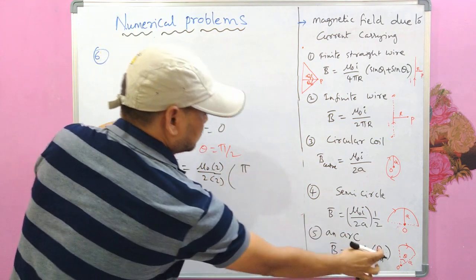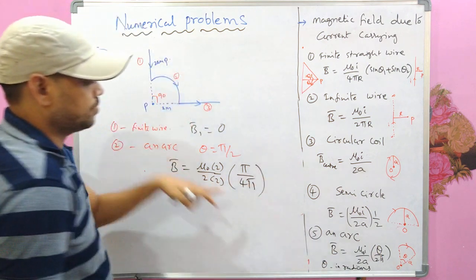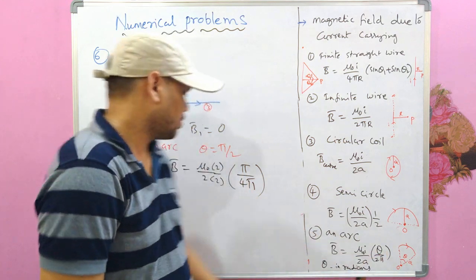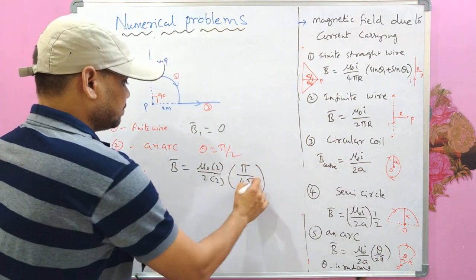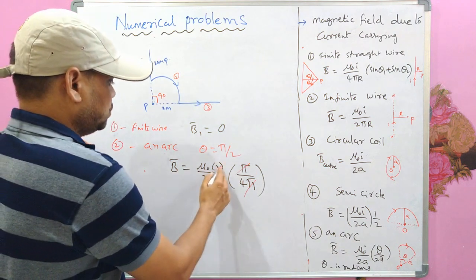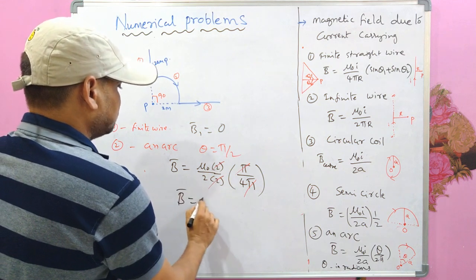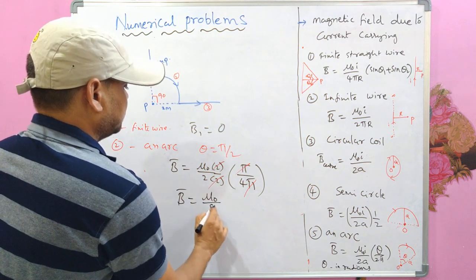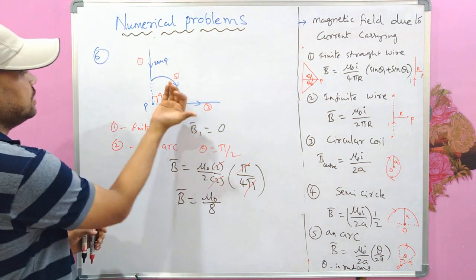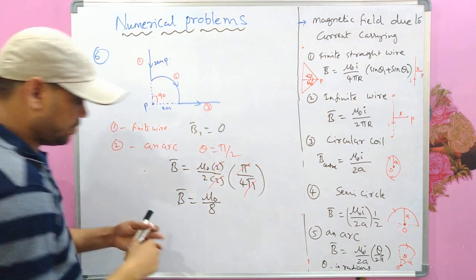Theta is pi by 2, so pi by 2 by 2 pi, so pi cancels. And this 2 cancels with this 2, so we'll get B bar as mu naught by 8. So what is its direction? Can you see this? Inwards.